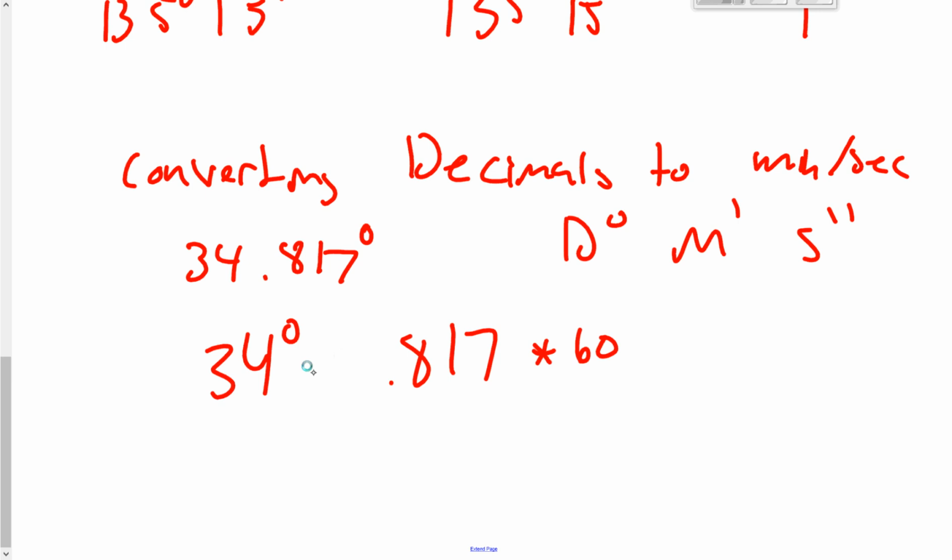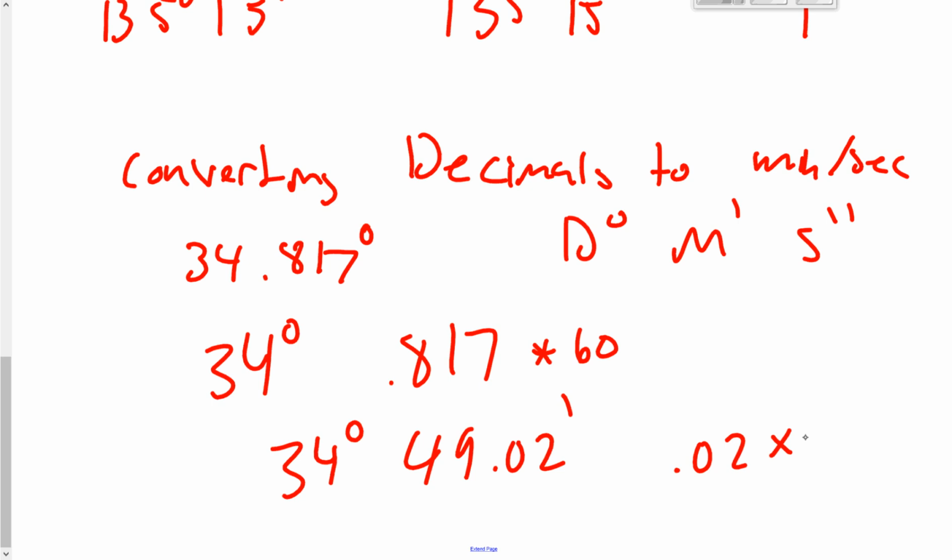Because I'm after degrees, minutes, and then seconds. So if I multiply this 0.817 by 60, then I'll get how many minutes, which is 49.02. That's how many minutes there are. But then I take this decimal, 0.02, and multiply that by another 60, because this is minutes and I want to figure out how many seconds.